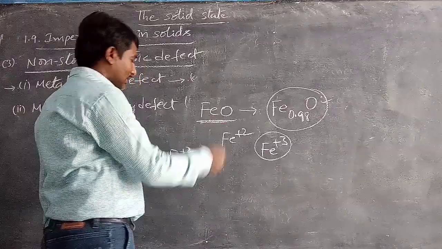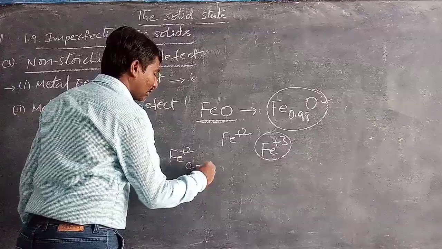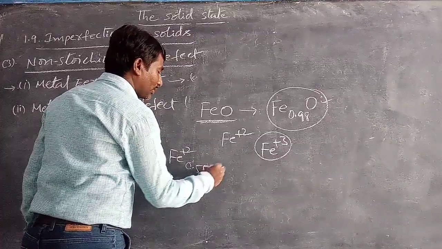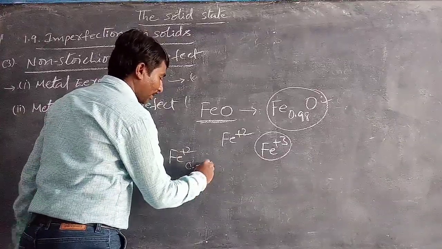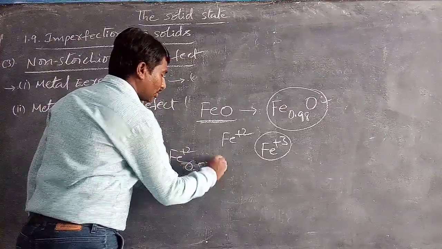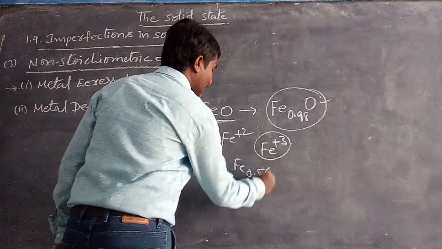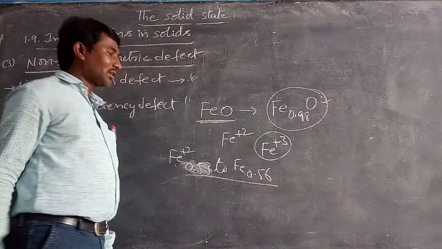Generally the Fe+2 range is 0.53 to 0.56.